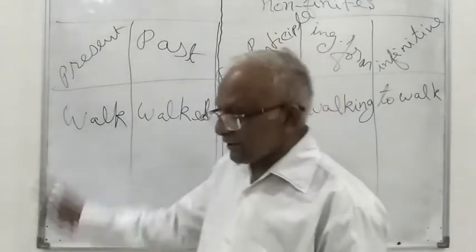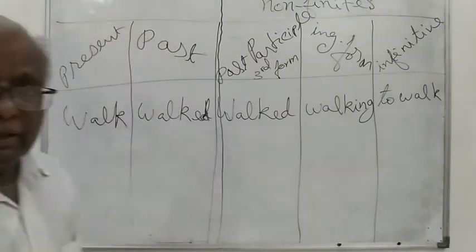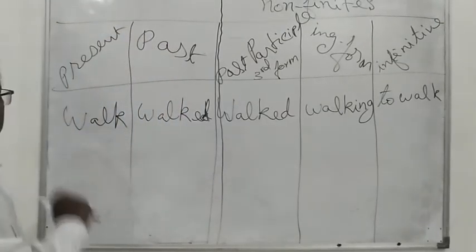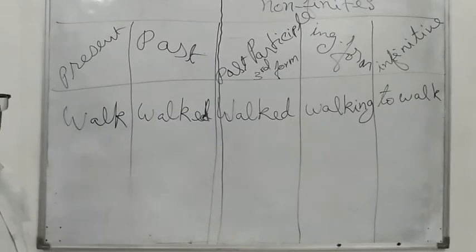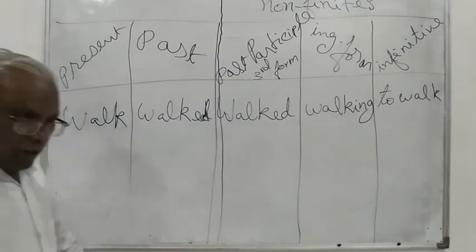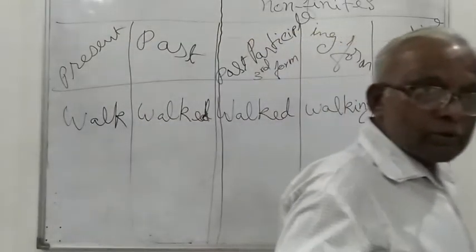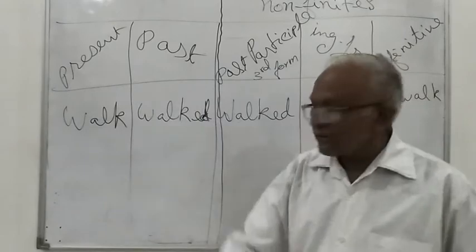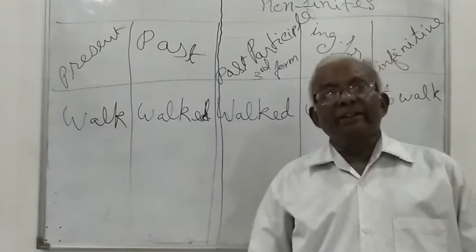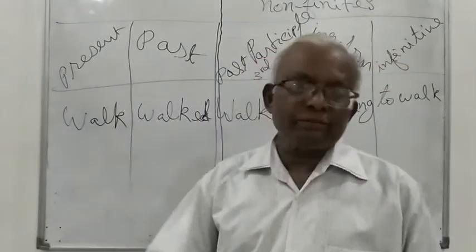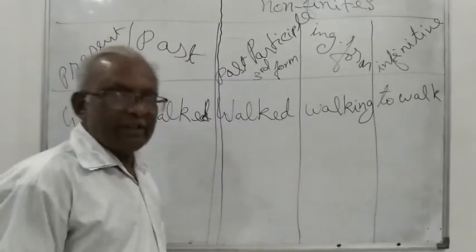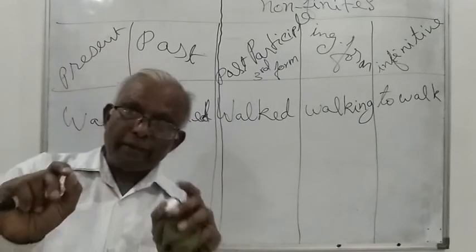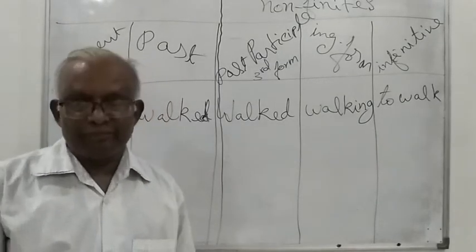Now, come to this side. Here, you don't need any helping verb. The word by itself can give you the time. For example, I walk. You got the full meaning and the time. Right now, present. And yesterday, I walked. And here again, the word walked all by itself tells the time.